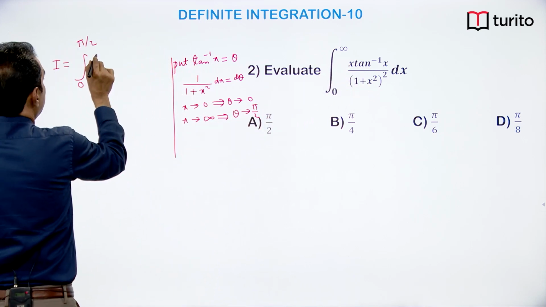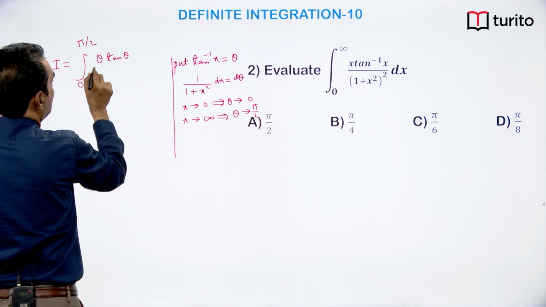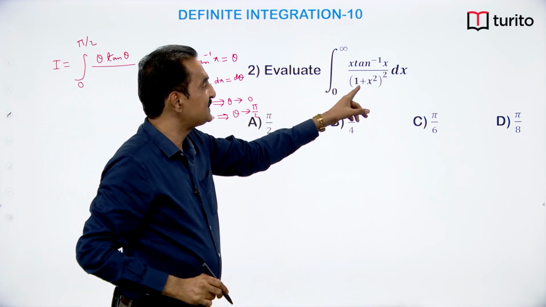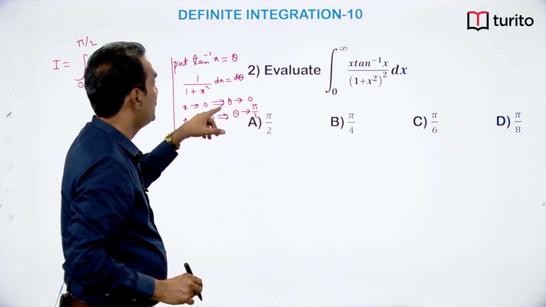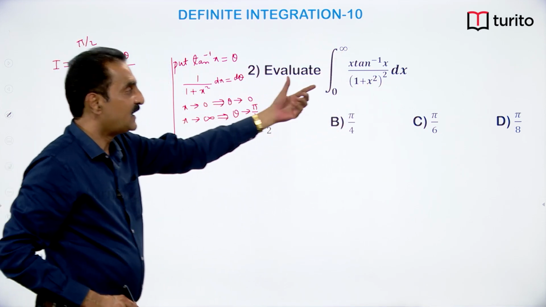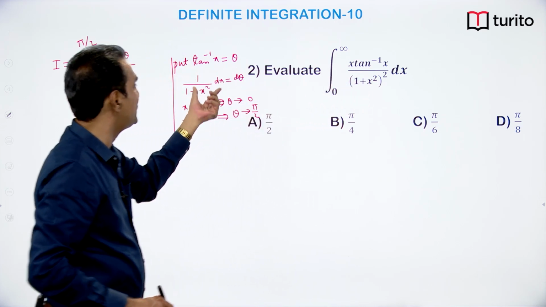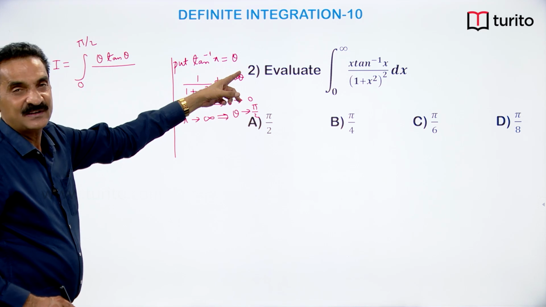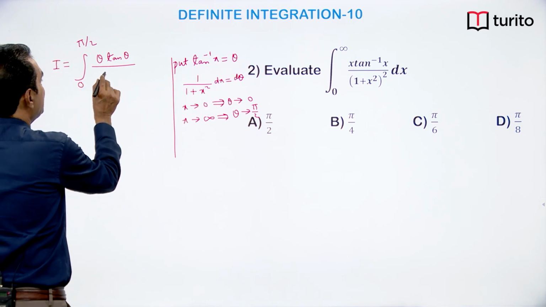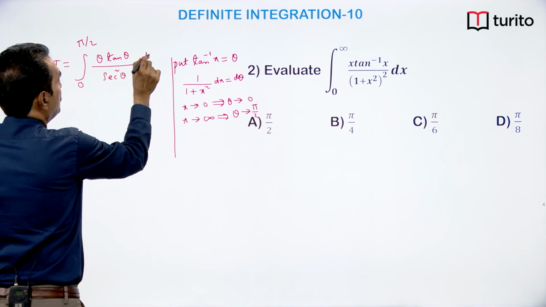So, theta tan theta by 1 plus x square whole square is there. 1 by 1 plus x square into dx becomes d theta, but another 1 plus x square is present. That 1 plus x square becomes 1 plus tan square theta. Here x is tan theta now. So, 1 plus x square will be 1 plus tan square theta, secant square theta, into d theta.